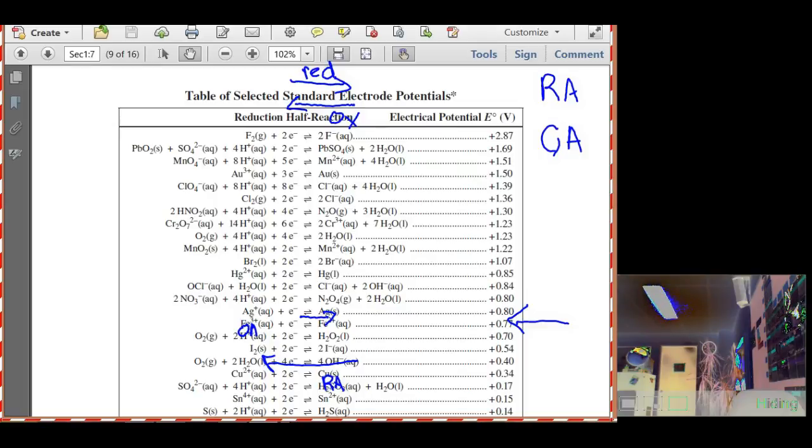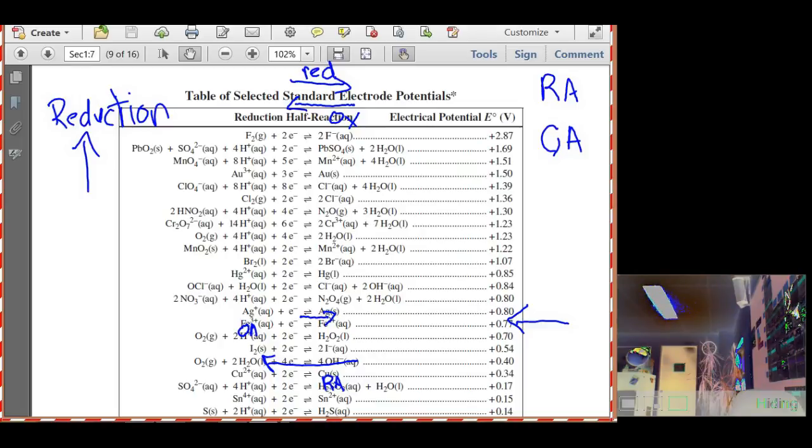Whatever reduction reaction was higher on the table is going to be the reduction reaction. Whichever one is going to be lower on the table is going to have to flip and become the oxidation reaction.